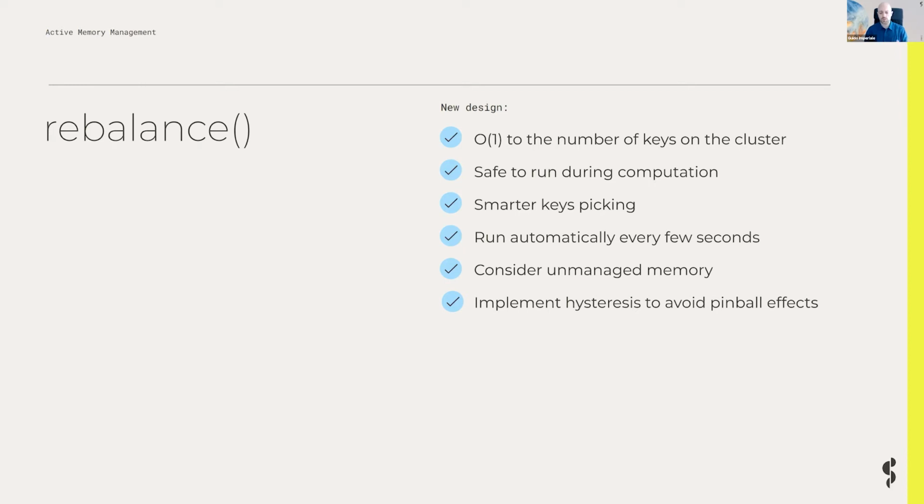Another change that we're going to do to rebalance is to actually make it consider unmanaged memory. So we are already implementing an algorithm that ignores temporary spikes in memory. Typically, for example, the heap of a function, heap, of course, it's Python, it's between air quotes.